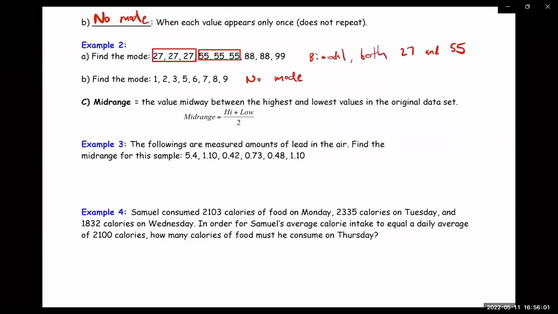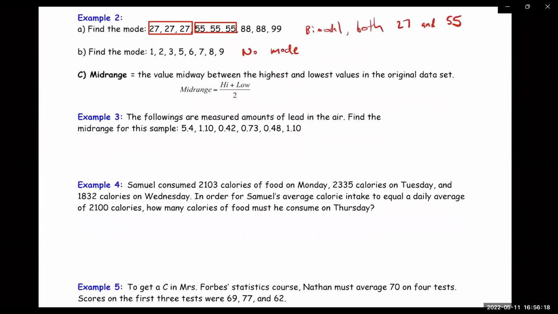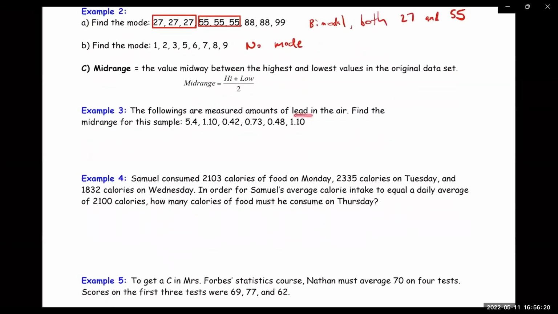All right, the mid-range. The mid-range is the value midway between the highest and the lowest value. So you just add the highest value plus the lowest value and you divide by 2, and that's how you find the mid-range. So let's find the mid-range for this next example. Following are measured amounts of lead in the air. Find the mid-range.